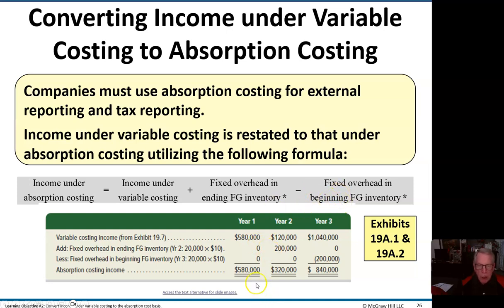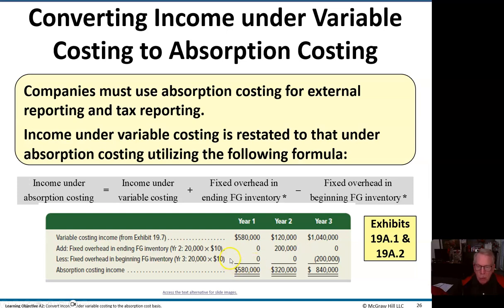Okay, so here in the first year we had variable costing, which we just went through in the previous slide, and we made $580,000. But in year two, we sold less than what we manufactured. So the 20,000 unit difference in what we sold versus what we produced is multiplied by the per unit fixed cost of $10. That gives me $200,000.